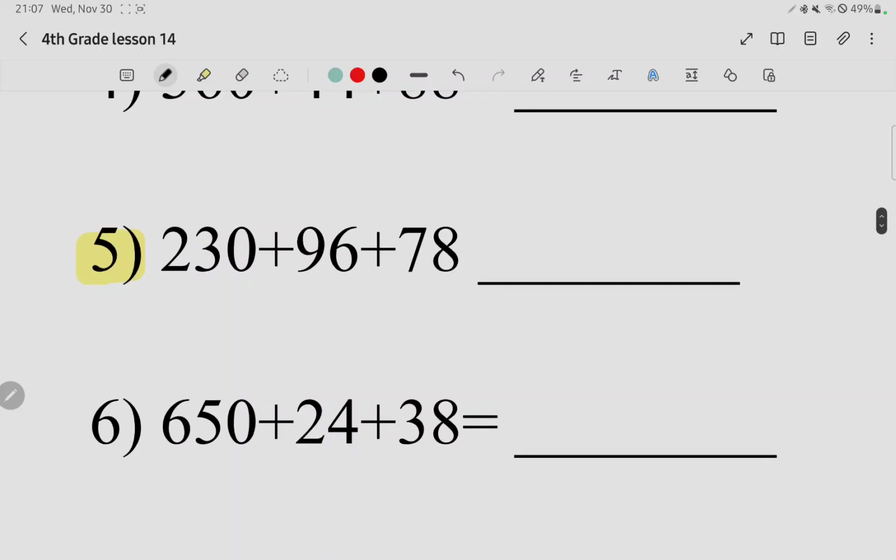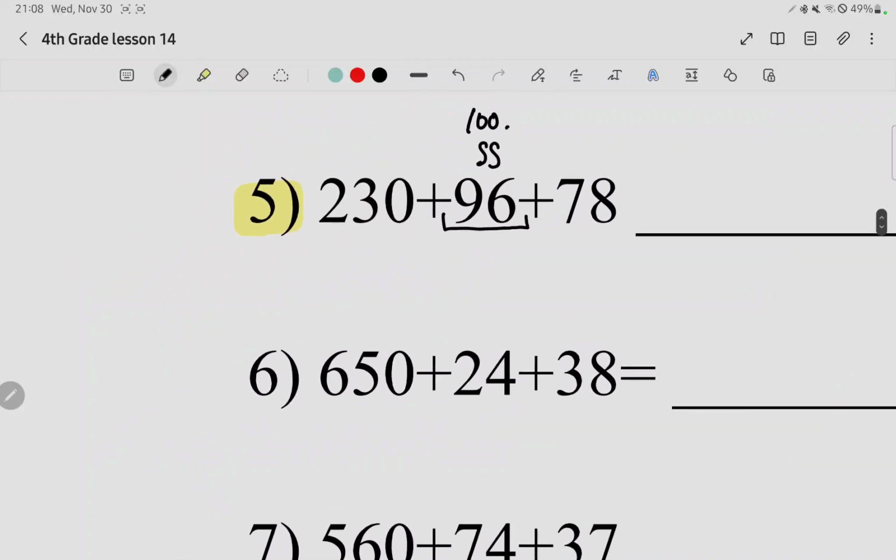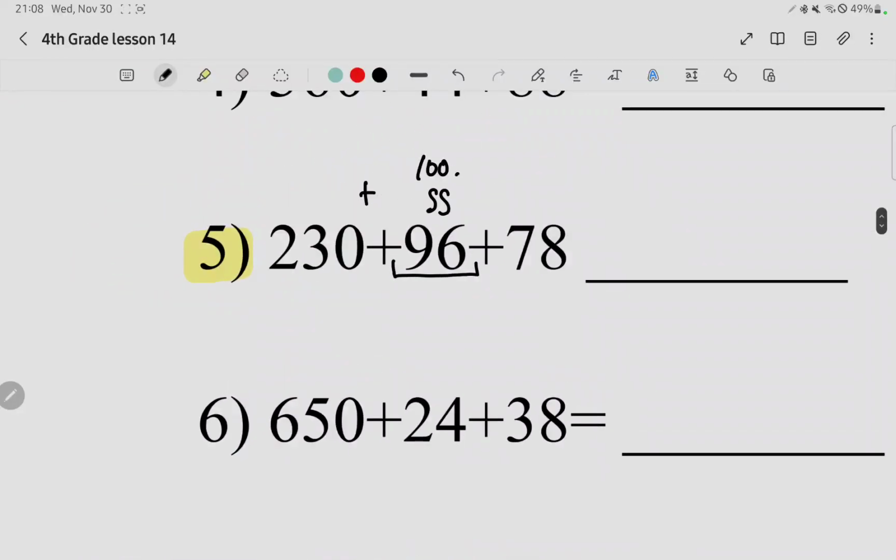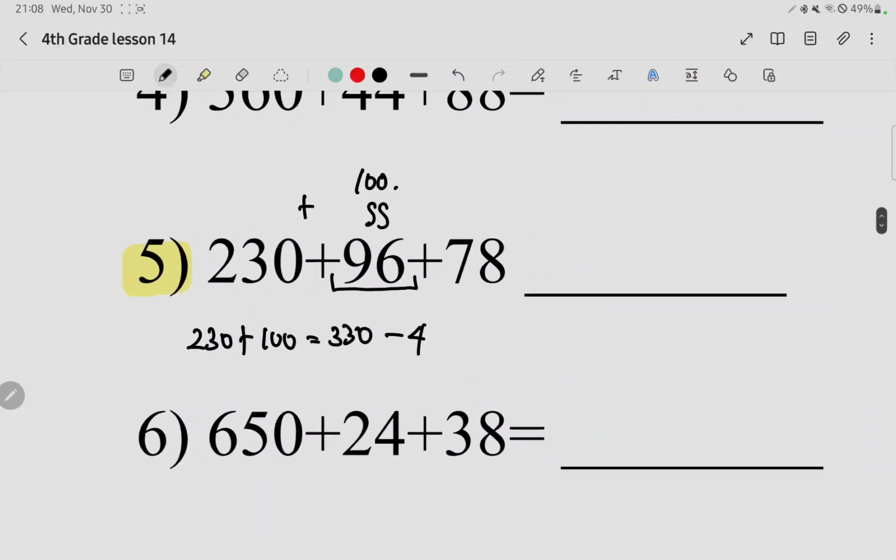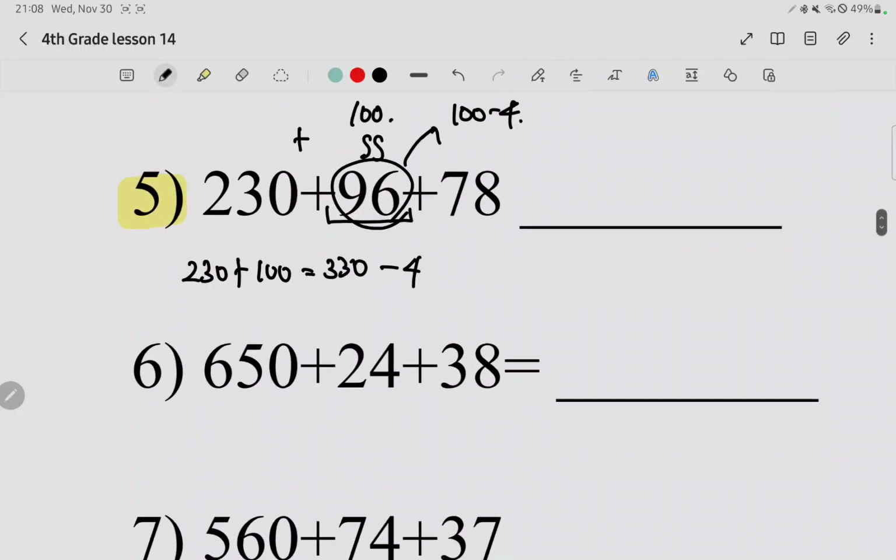Okay, number 5. So if you have a number like this, 96, 97, 98, that is close to 100, what you can do is add 230 plus 100, which is 330, and then subtract 4, because 96 is 100 minus 4.